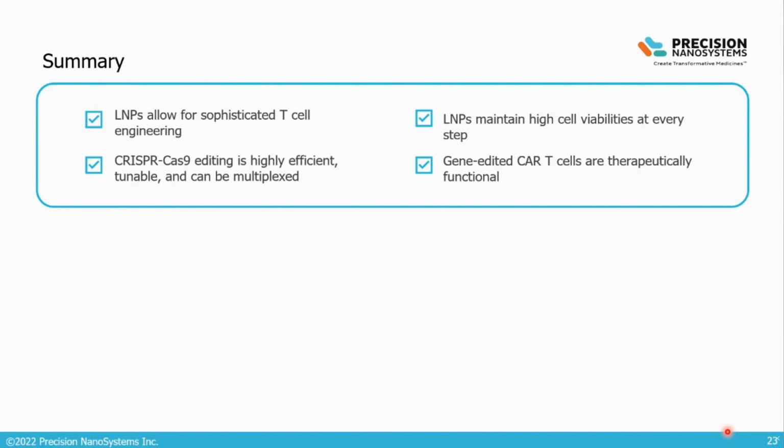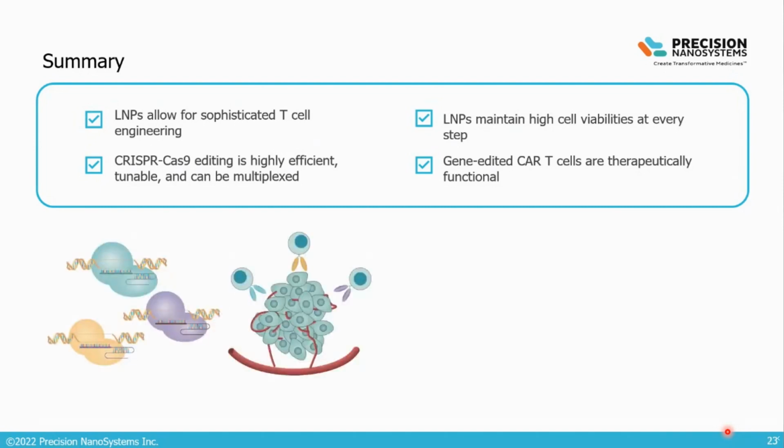So when looking at the bigger picture, where do we go from here? Well, we see lipid nanoparticles advancing science and making an impact in cell therapy. But through scalability, and as we've seen with COVID vaccines, it's really only a matter of time before lipid nanoparticles impact therapies for us all.